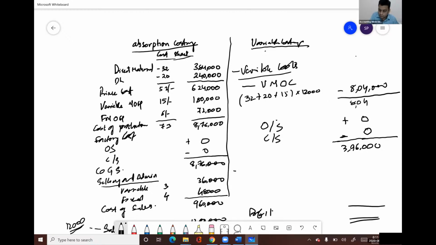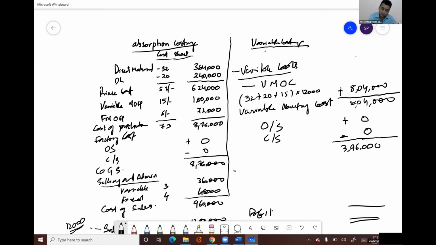8 lakh 4,000 is my variable manufacturing cost. All of you agree? Right. To this, you add any opening stock and minus any closing stock. Do you have any opening stock here?